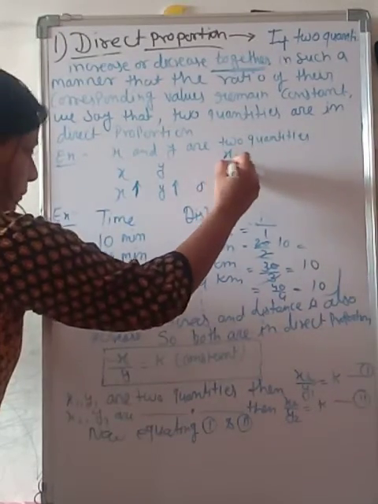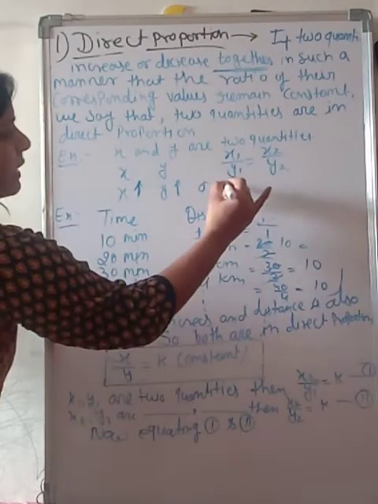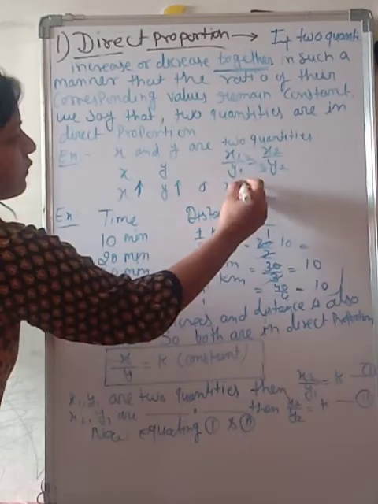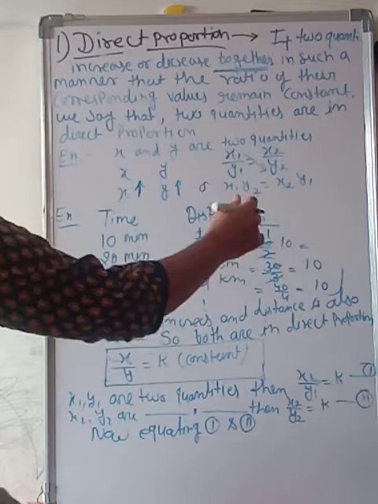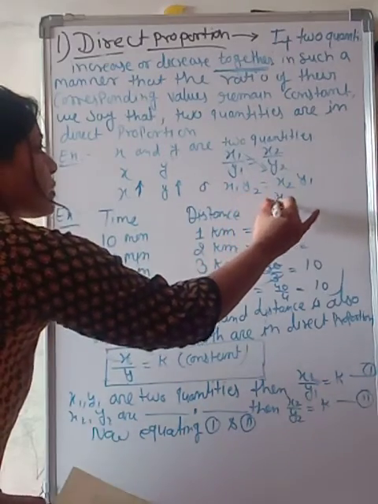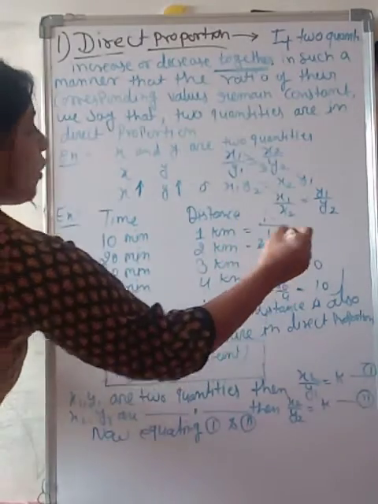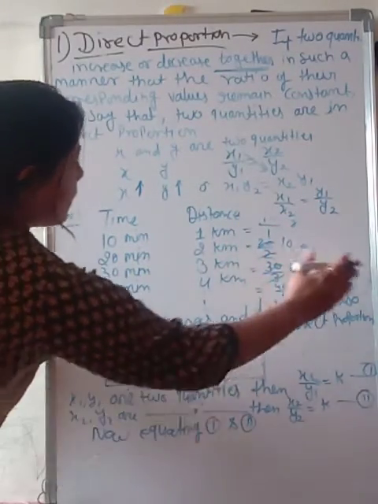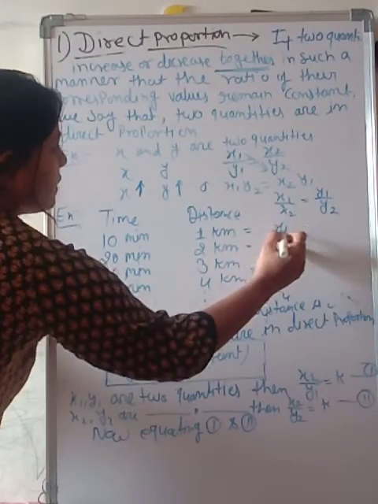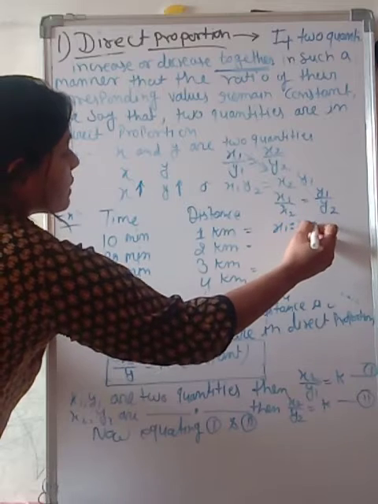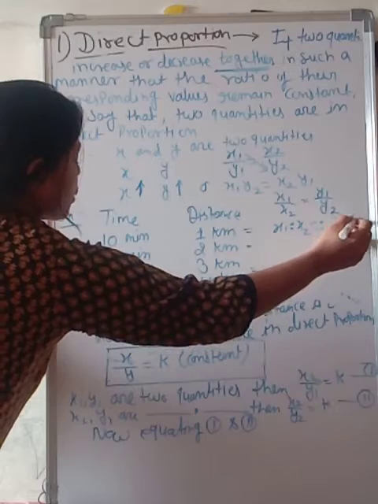x1 upon y1 equal to x2 upon y2, or by cross multiplication, x1 y2 equal to x2 y1. Now here you can write x1 upon x2 equal to y1 upon y2, or you can say x1 ratio x2 is proportion to y1 ratio y2.